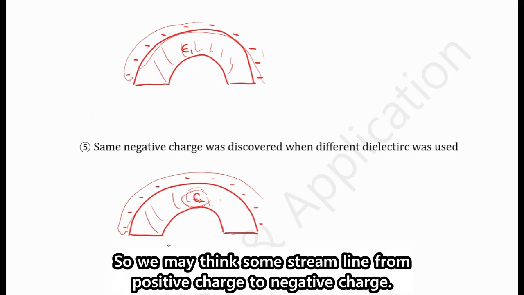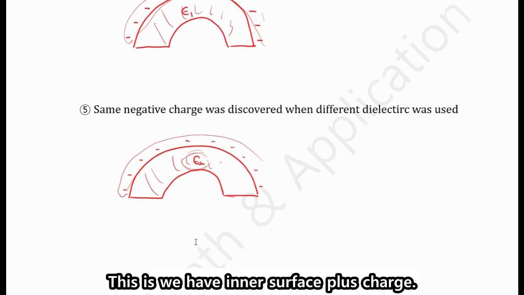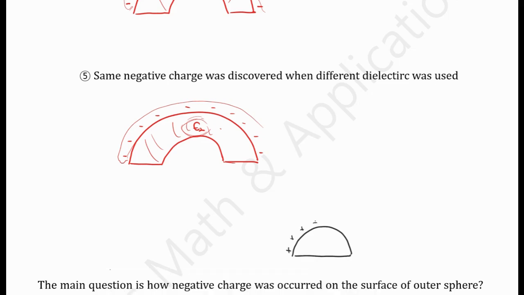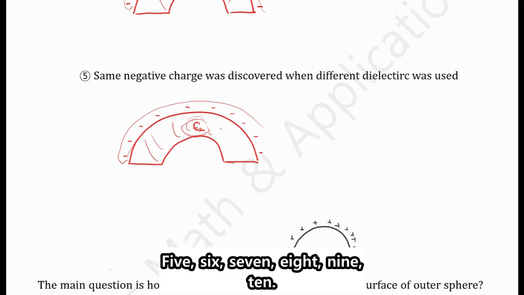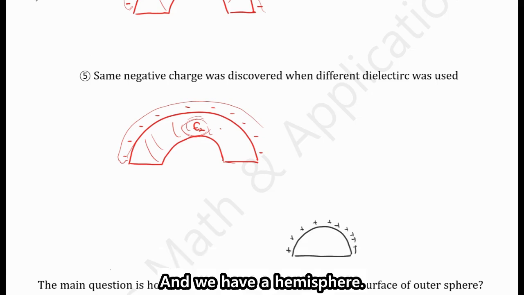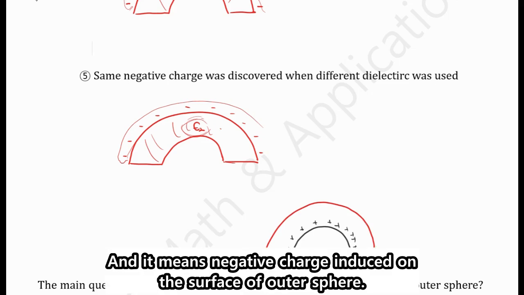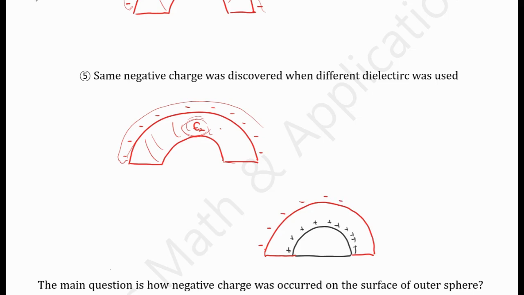So we may think of some streamline from positive charge to negative charge. We have the inner sphere with positive charge, 1 through 10, and we have a hemisphere, and it means negative charge is induced on the surface of the outer sphere.